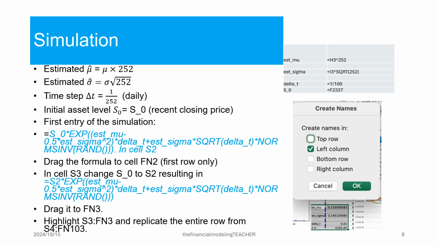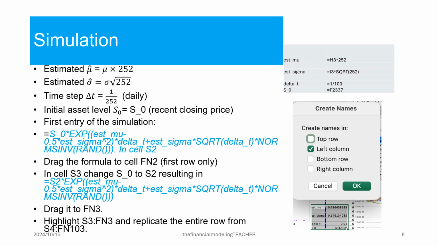We have already calculated mu as the mean of those returns xt, but we further want to annualize it, and we multiply it by 252 in order for it to be annual. The same applies with sigma, an estimated standard deviation or volatility. It will be sigma hat equal to sigma multiplied by the square root of 252.